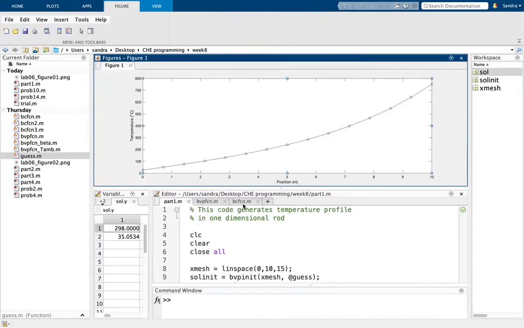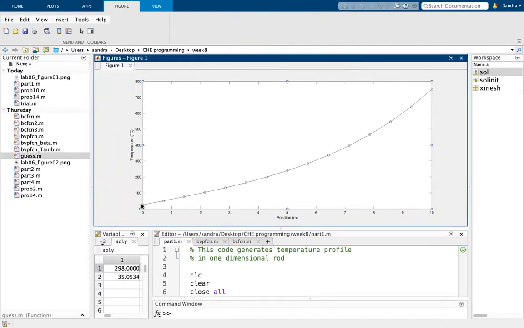So this is the solution that you get. Remember, at one end of the rod, I can't zoom it actually, but it will be 298 Kelvin, so it will be 25 degrees Celsius. And at the other end of the rod, it will be 750. You can see here, it is somewhere close to 750.